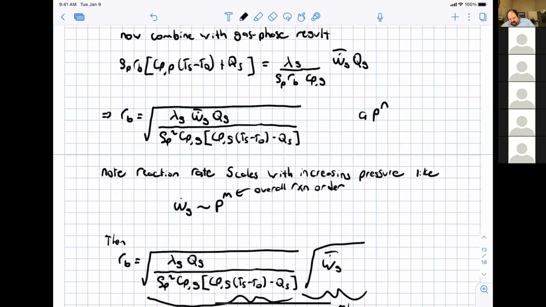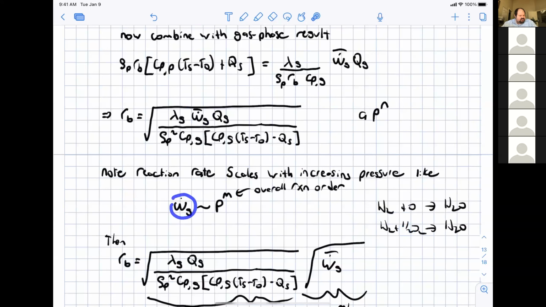So if I have a reaction like H2 plus O goes to H2O, that would be a second order reaction, and how fast that chemical reaction occurs would be proportional to the pressure squared. If I had H2 plus 1/2 O2 going to H2O, the overall reaction order would be the sum of the stoichiometric coefficients, so 1 plus 1/2, and so the overall reaction order for this global reaction would be 1.5.